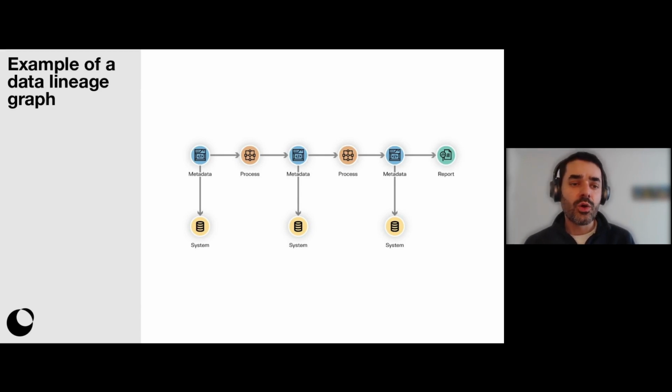So here we are really modeling data lineage as a graph, and it helps understand the context where the data of the report, for example, is coming from. And it could also be helpful to answer questions such as what would happen if I was to make some changes to one of these processes or remove one of the systems in the data lineage graph.